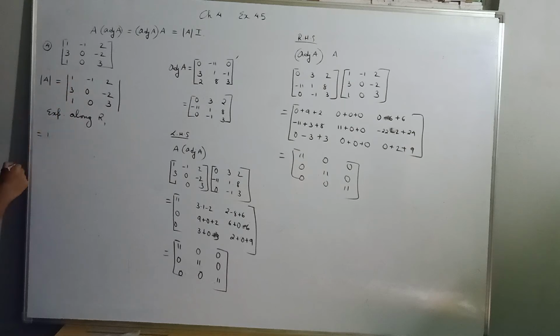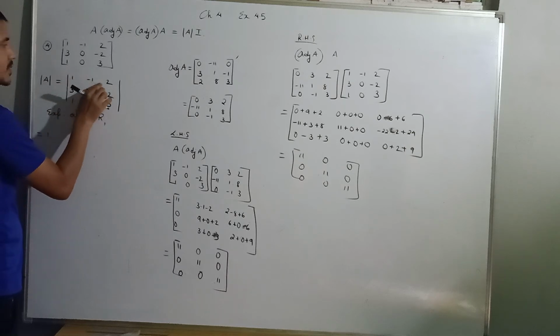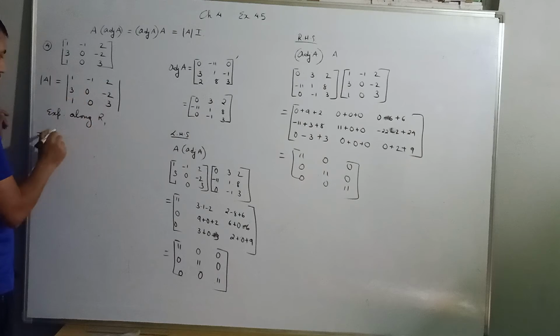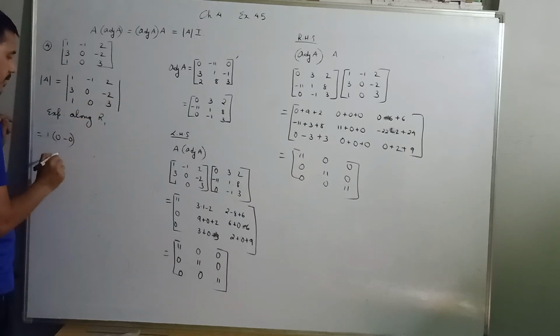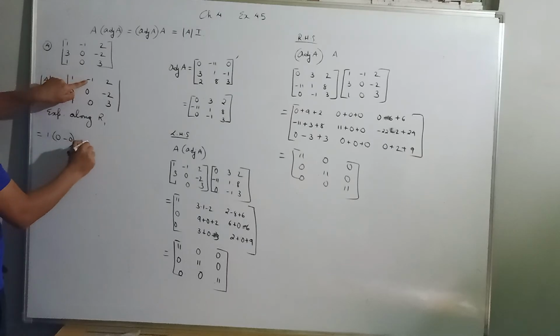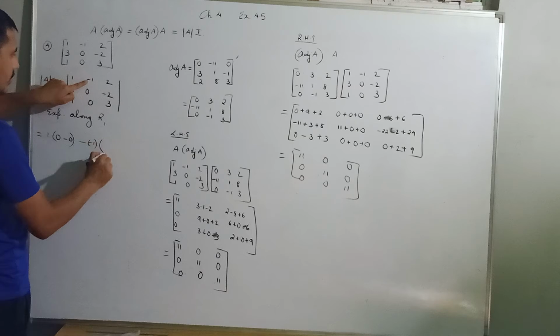if we consider this element, then you neglect this row, first column, you cross multiply the remaining. 0 into 3, 0, right? Minus of 0 into minus 2, 0 again. Minus this element. This element is minus 1, right? And then we cross.